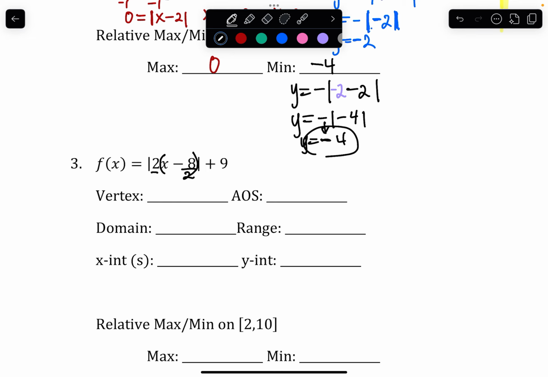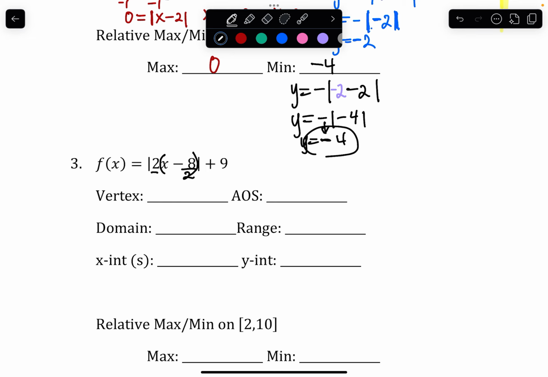The vertex falls in the interval, so that's my minimum. So 9 is the minimum. And then clearly this value way out here is going to be the maximum at x equals 10.